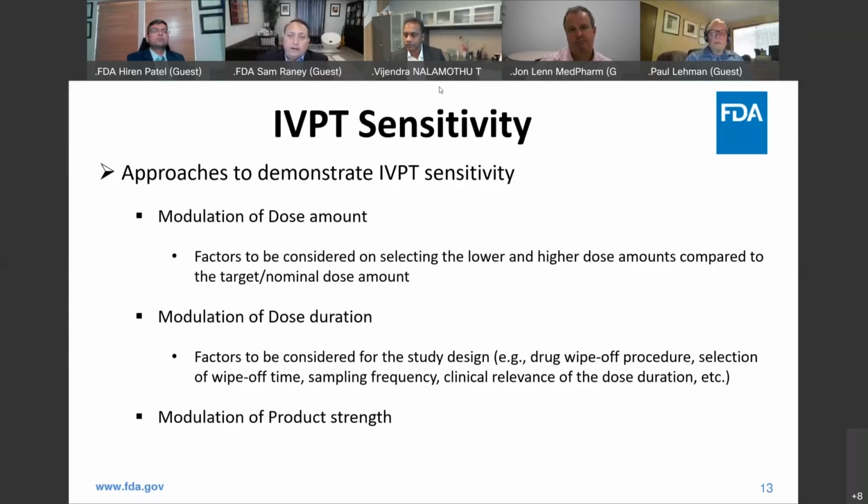Is that meaningful data? What are your thoughts among this panel about using those kinds of wipe-off procedures, understanding the bargain that we're making here in terms of being able to make a good assessment between the test and the reference product?